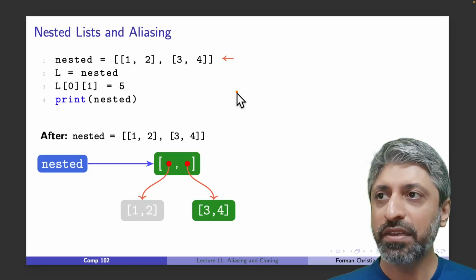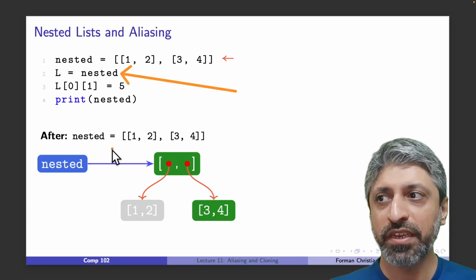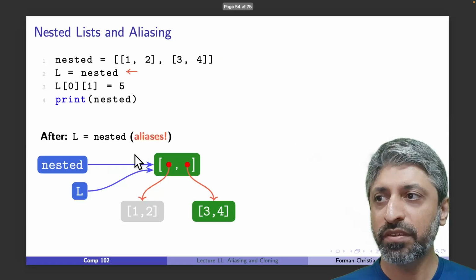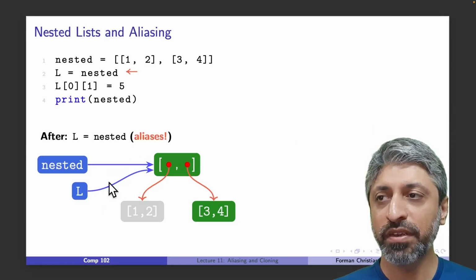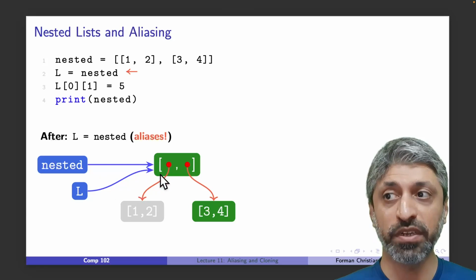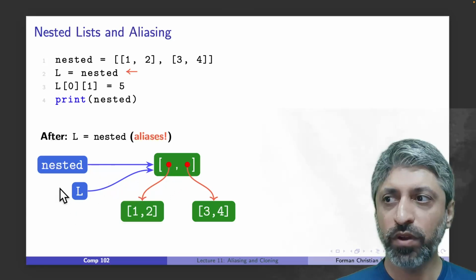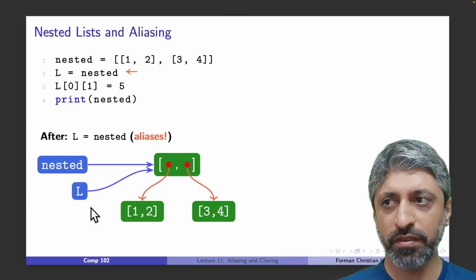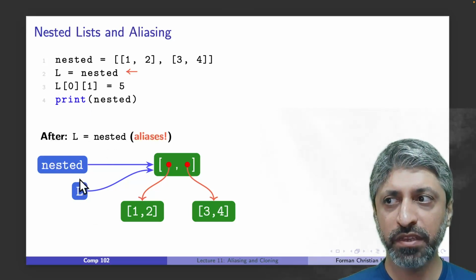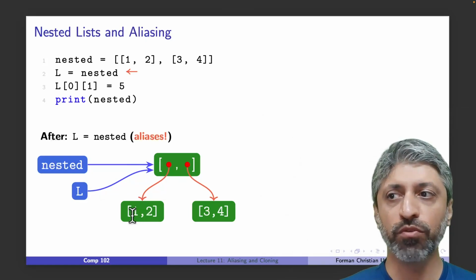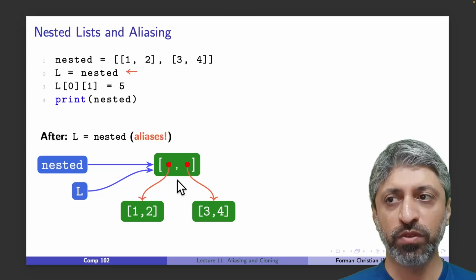Alright, so basically here we created an alias, which means it's a different name for the same object. So after creating an alias, it means that when you use any of these names and make modifications, it's just going to modify the actual underlying object.